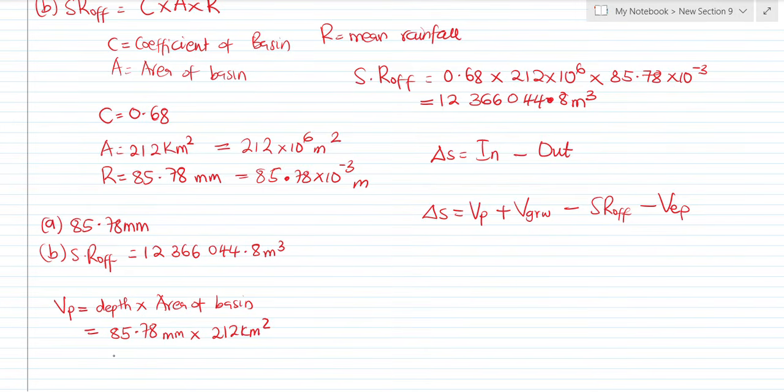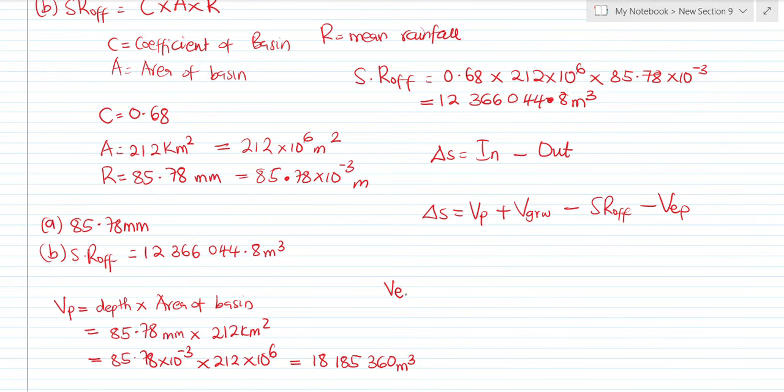We cannot leave them like this, so we have to change them to the same unit. So 85.78 times 10 to the power negative 3 times 212 times 10 to the power 6 will give us 18185.360 meter cube. So this is the volume of precipitation.